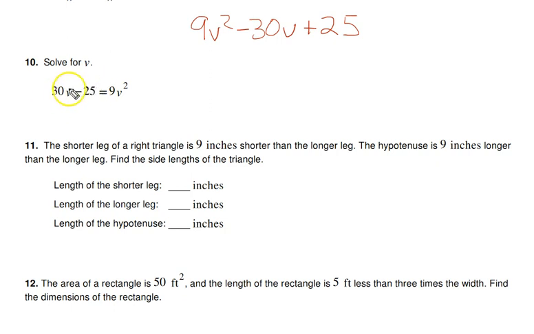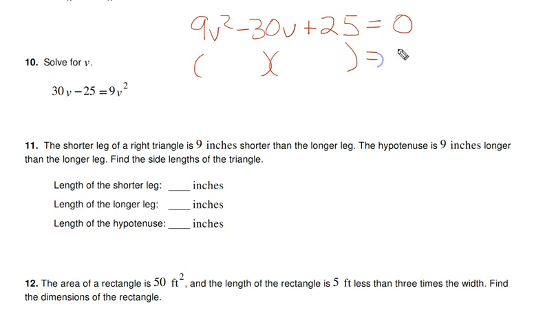And then what's left on this side is 0, so I will equal this to 0. So this is now standard form of the quadratic equation, where all the terms are on this side equal to 0. And now we want to factor that.